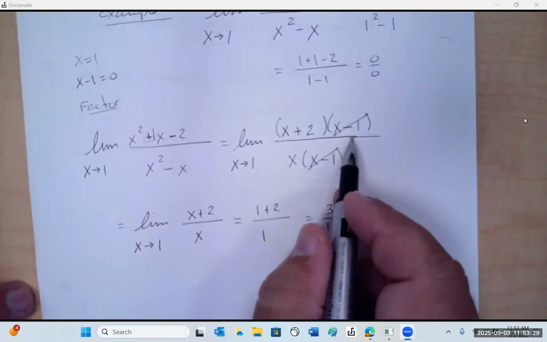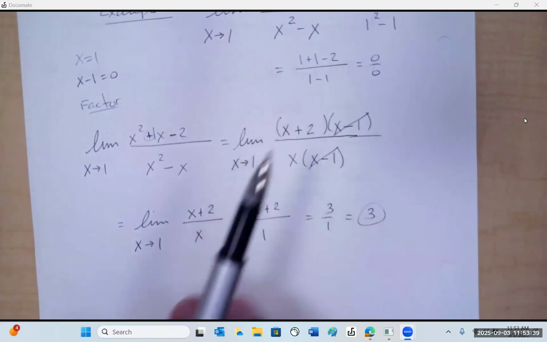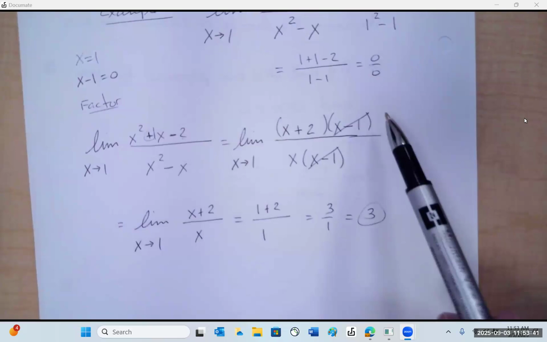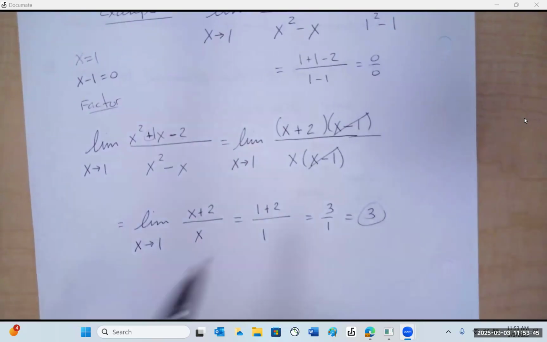So that has to be one of the factors. Again, all these rules from algebra are going to come back and haunt you. But yeah, if it wasn't 0 over 0, then it wouldn't tell me anything. It would just be what it is. But that's the clue we're looking for. That's what we're hoping for.